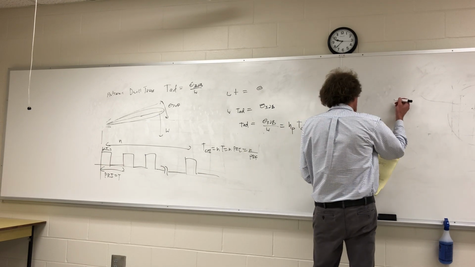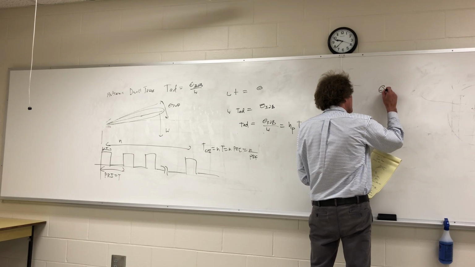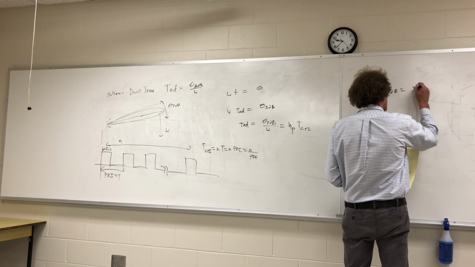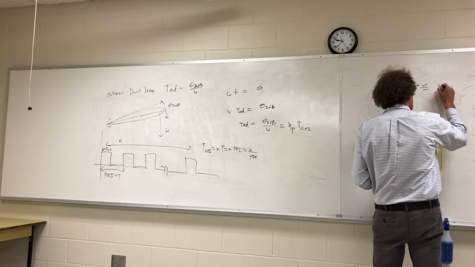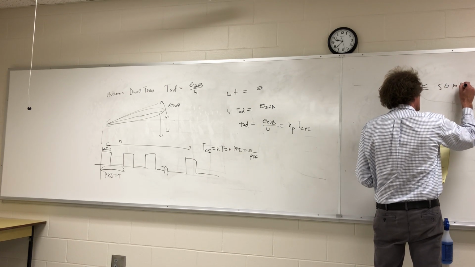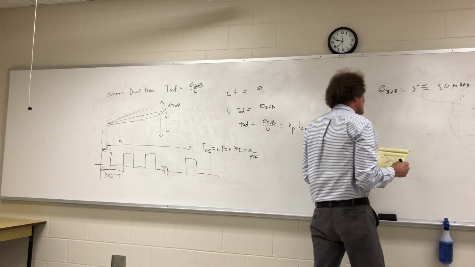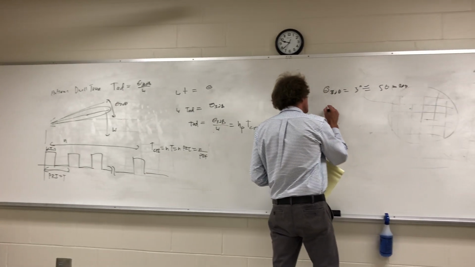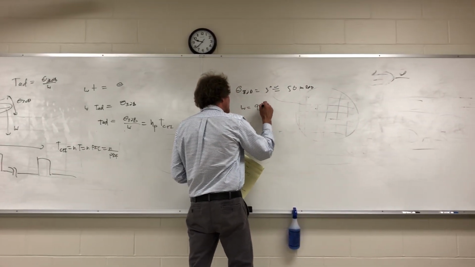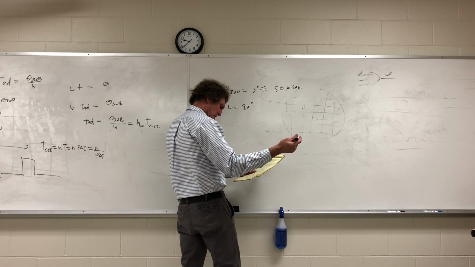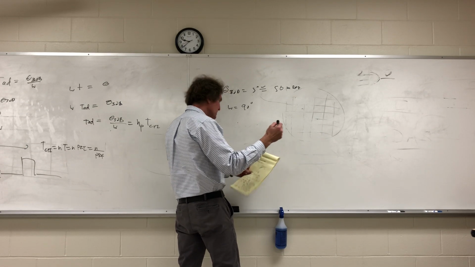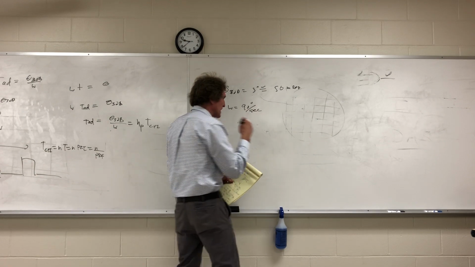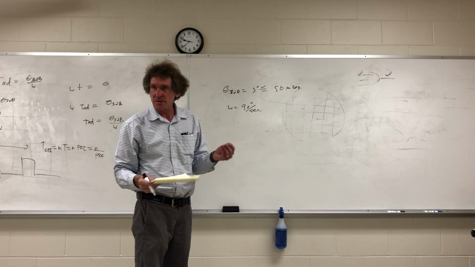If you have the 3 dB beam width equal to 3 degrees, that's about equal to 50 milliradians. And if omega is equal to 90 degrees per second, I could put that in radians, but it would be pi over 2 radians per second.